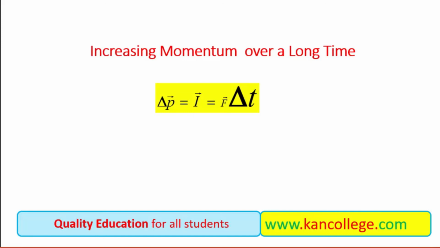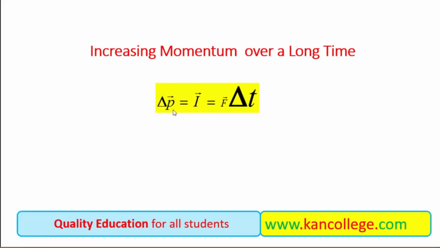So if you have a smaller force, but you want to change the momentum of a body by a lot, then you have to apply that smaller force for a long duration of time. And after a long duration of time, the speed of that body will increase and the momentum of the body will increase.